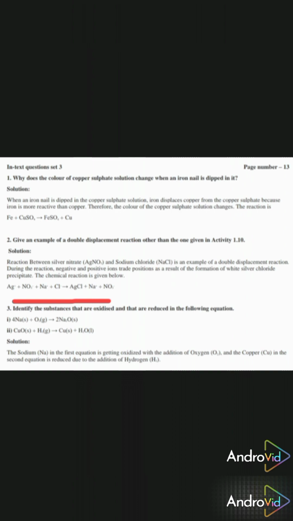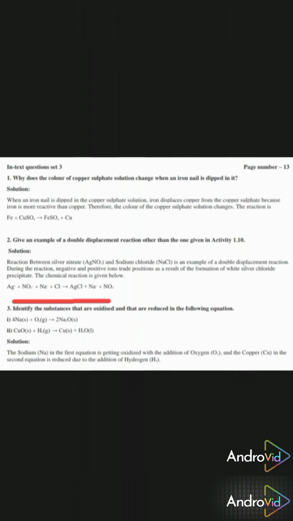For this question, the answer is that sodium is getting oxygen added as it becomes sodium oxide. Hence sodium is getting oxidized because oxygen is getting added.